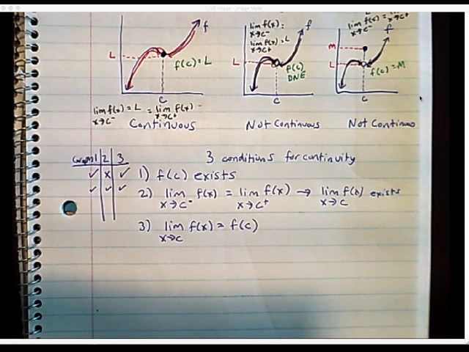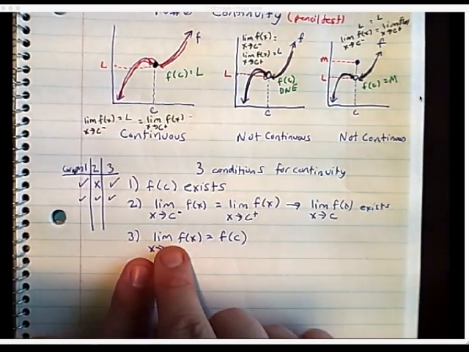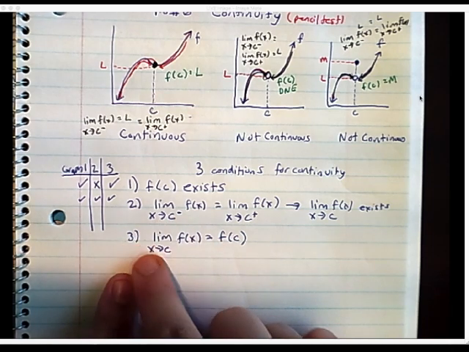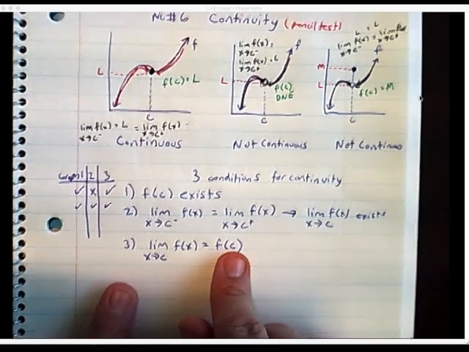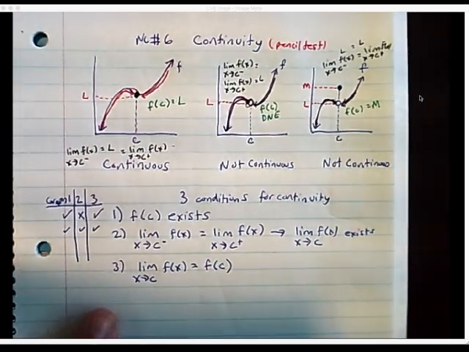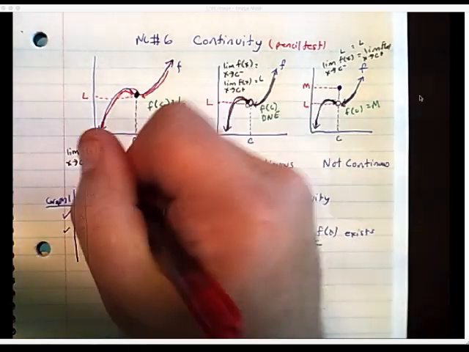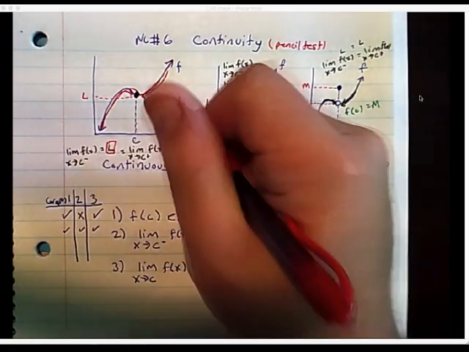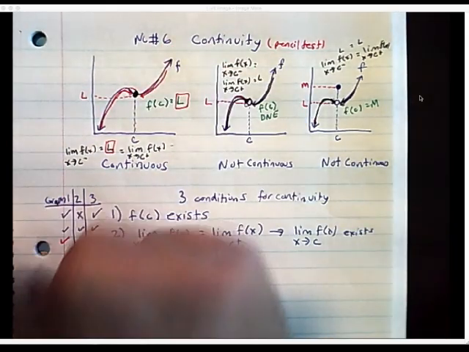Now, what about the third condition? This says that the number that you approach, the y value that you approach, equals the same thing as the function value. Okay. Well, let's check it out. All right, in graph 1, I'm approaching L from both sides, and the function value also equals L. So that one works.